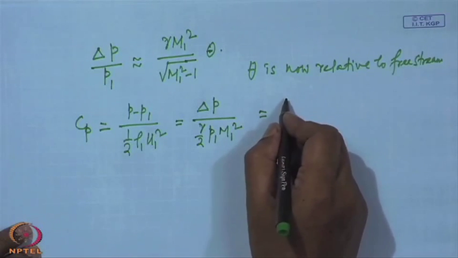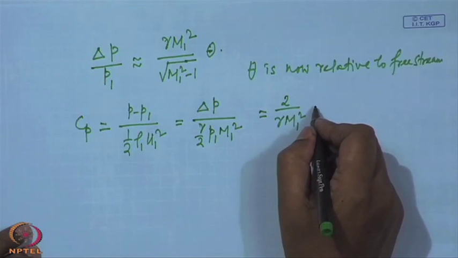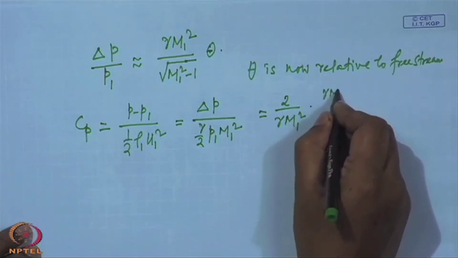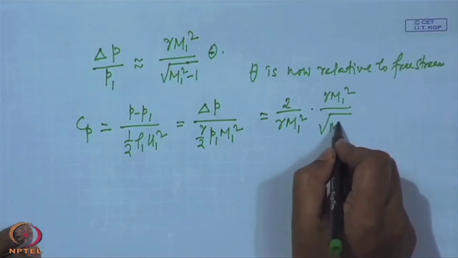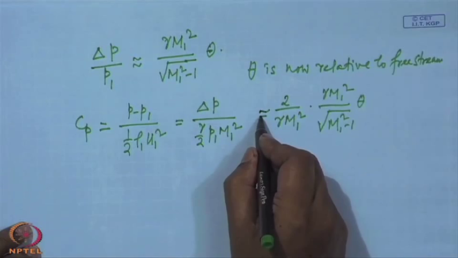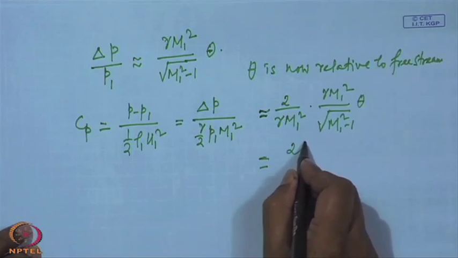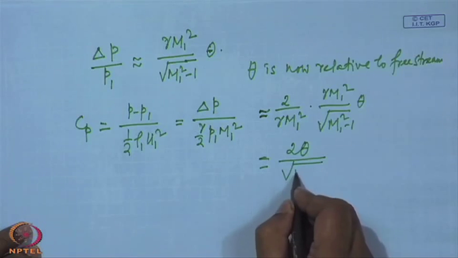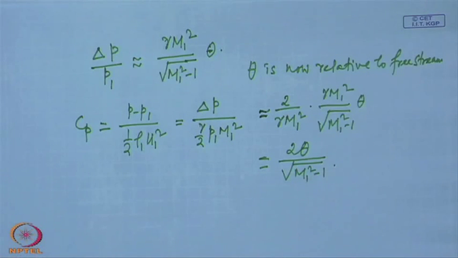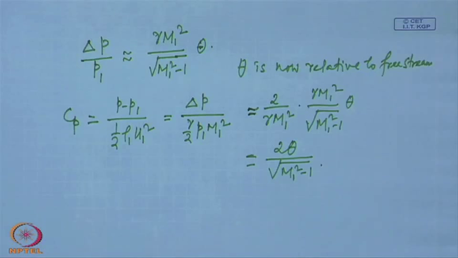that is, the pressure coefficient at any point is expressed in terms of the slope of the local position.